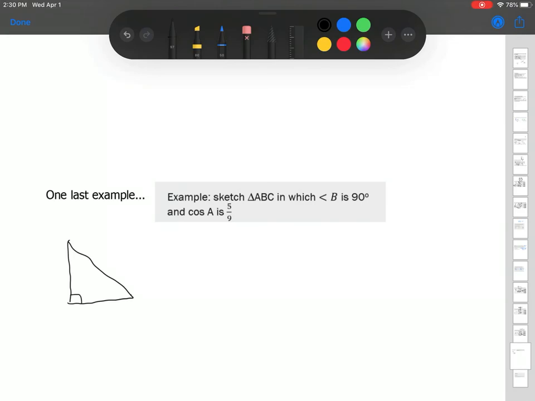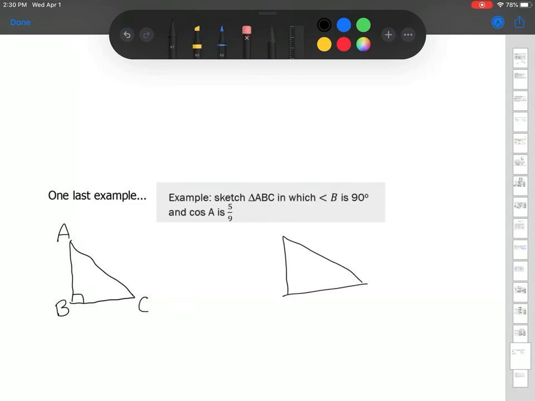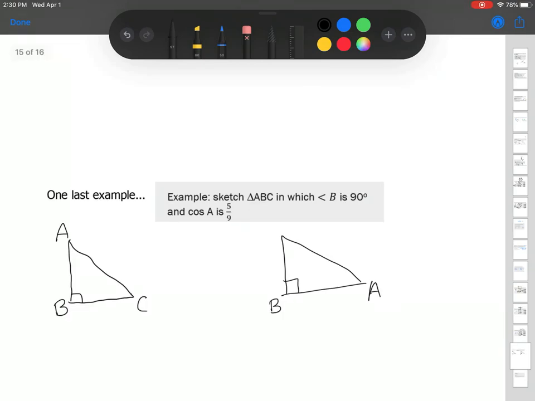Okay, so it tells you to put in angle B as 90, and then that's really the only indication you're given. So you can choose to do that, or this. It doesn't really matter, but you just have to make sure when you think about what cos A is, which is 5/9.